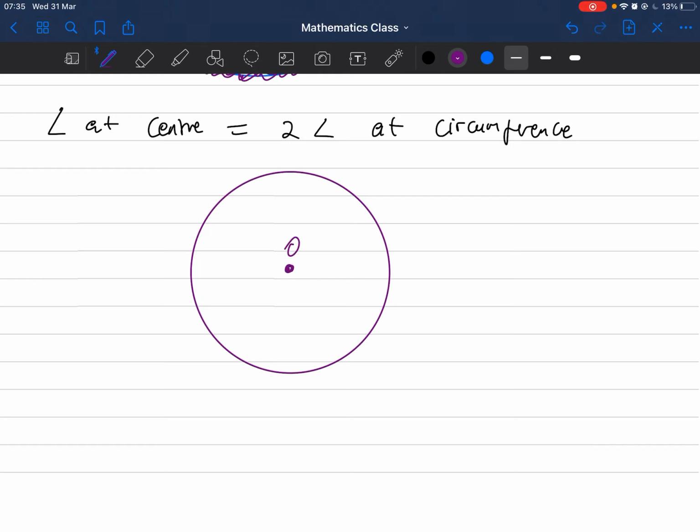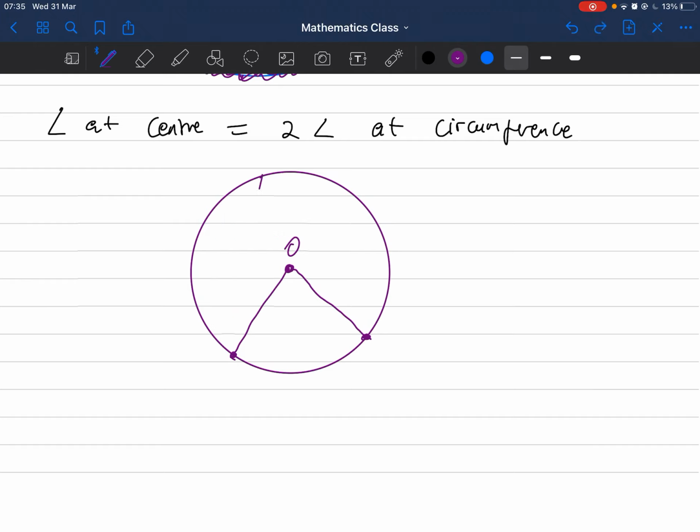Let's call it O, and you'll have two radii like that, subtended by the same segment, and another chord coming from there.